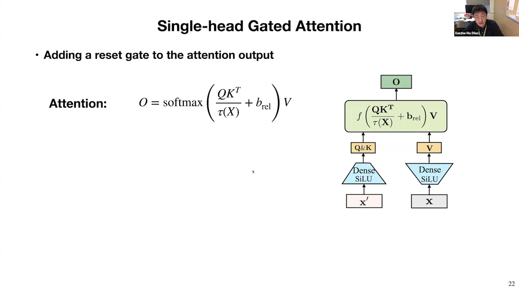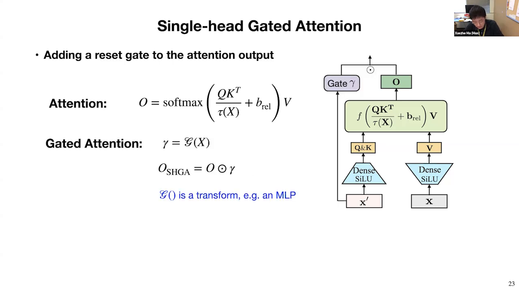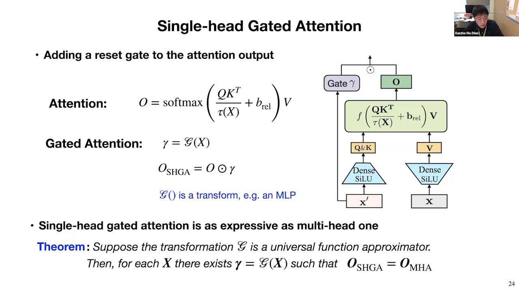But the question is how much benefit we can get from multi-head attention. Obviously multi-head attention is better in terms of performance than single-head attention. But our theorem tells us that this kind of benefit is not significant. We can replace this benefit just by adding a single gate on top of the attention output.